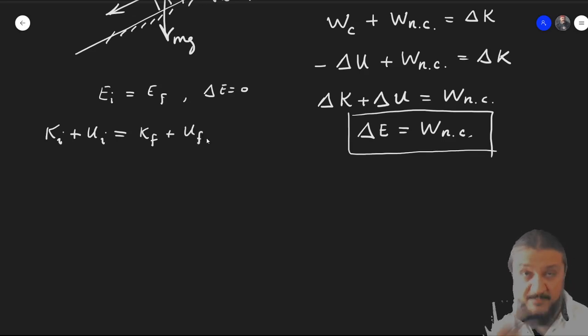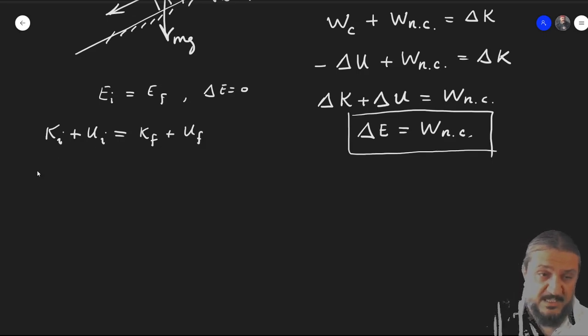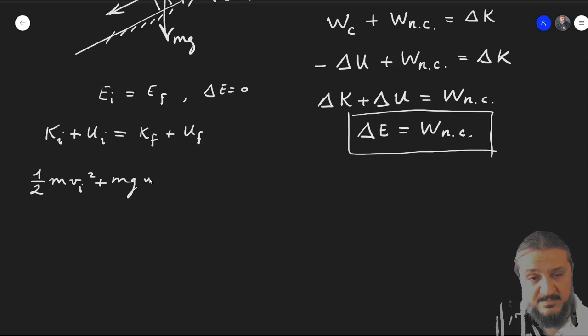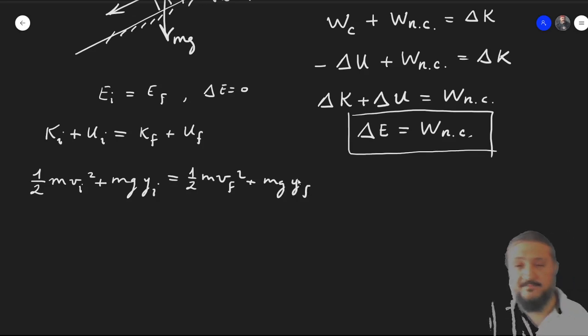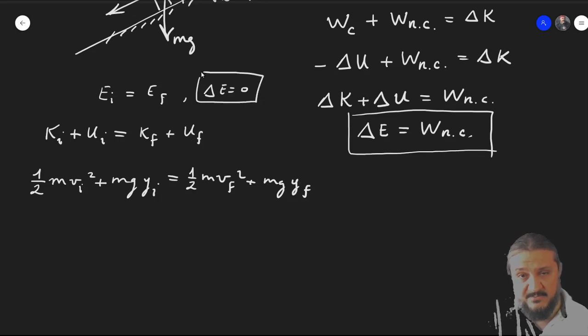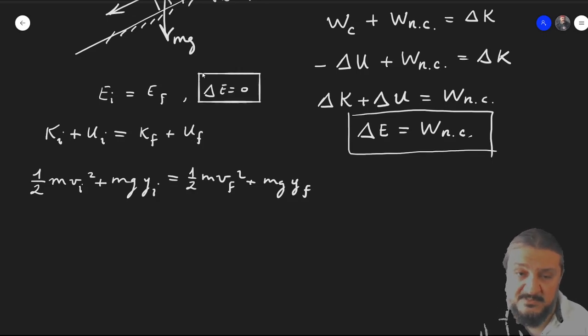Okay, that's how you can express it. If it is gravity, then it is mgy. So 1/2 mvi squared plus mgyi equals 1/2 mvf squared plus mgyf. That's one way of writing the same equation. Okay, it all comes down to delta E equals 0.